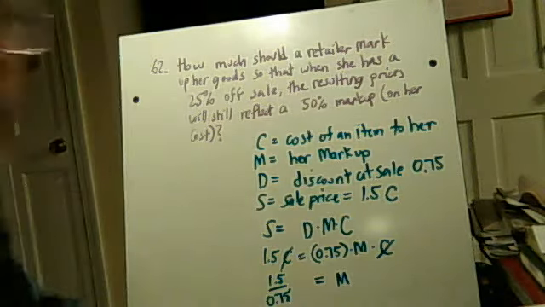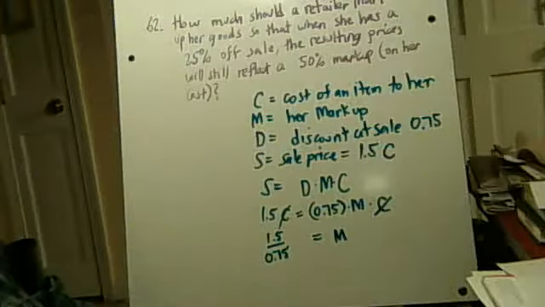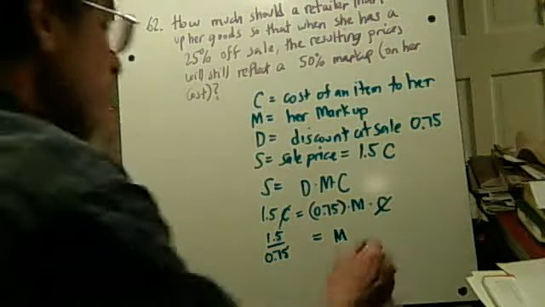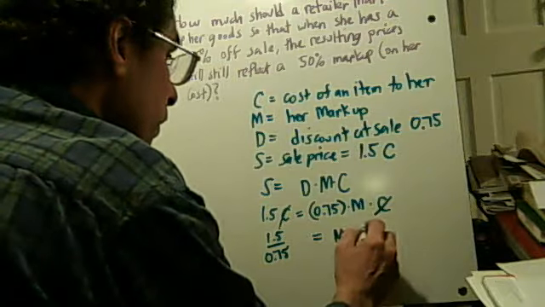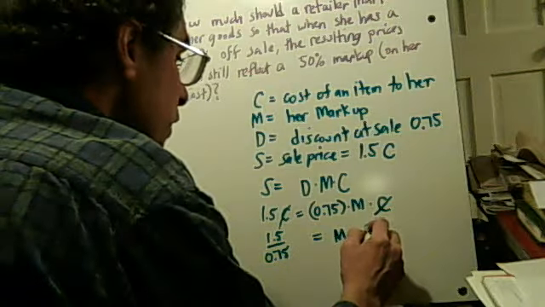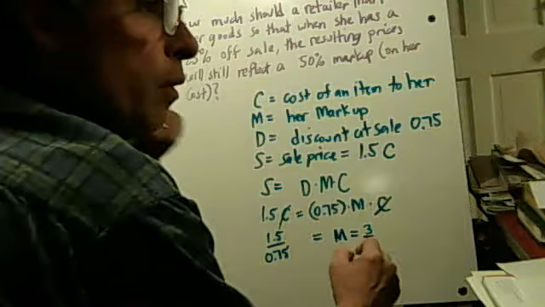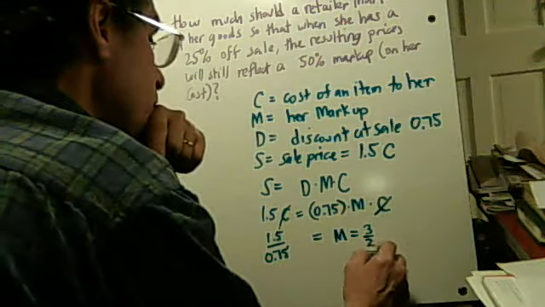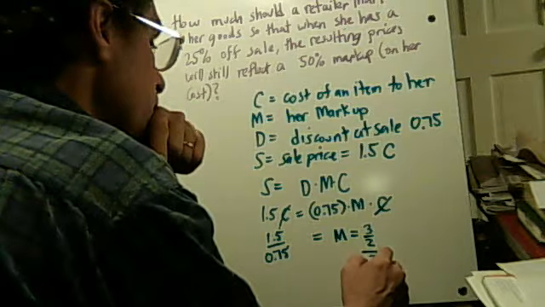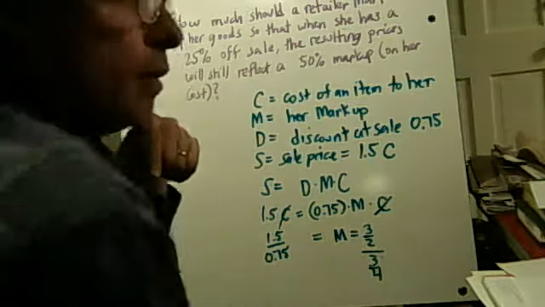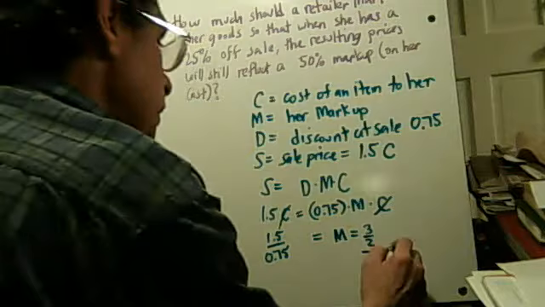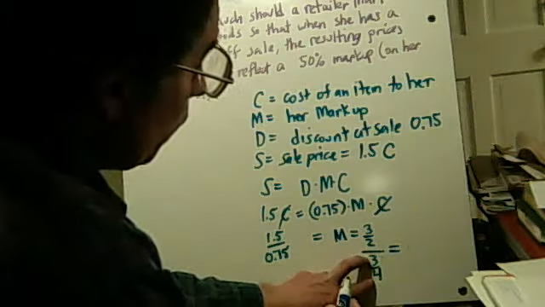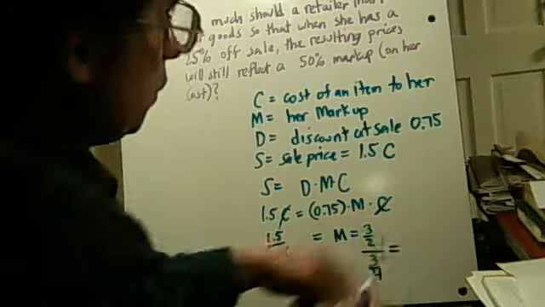Now, there we go. You can put that into your calculator. But this one, you can do this also with fractions. That's 3/2 divided by 3/4. And when you get a fraction on the bottom, to get it on the top, you turn it over.